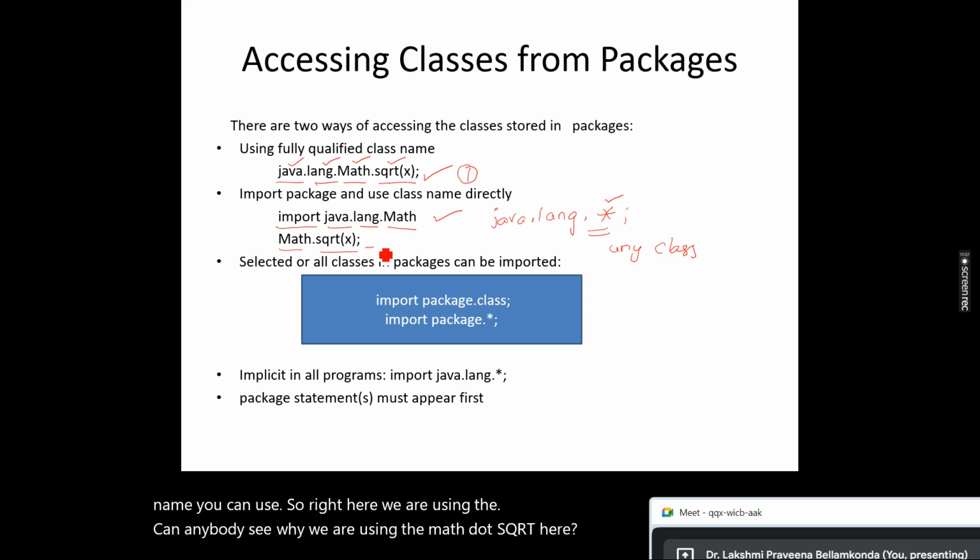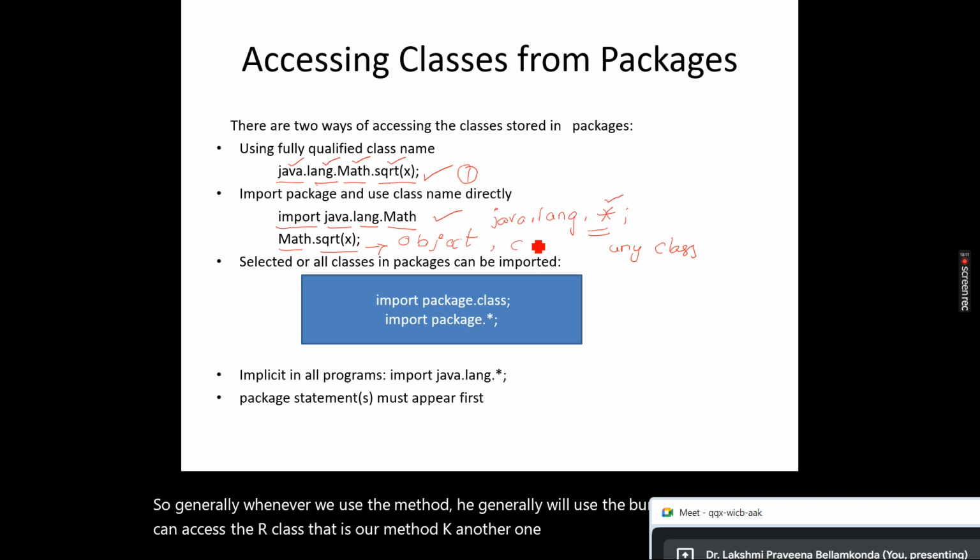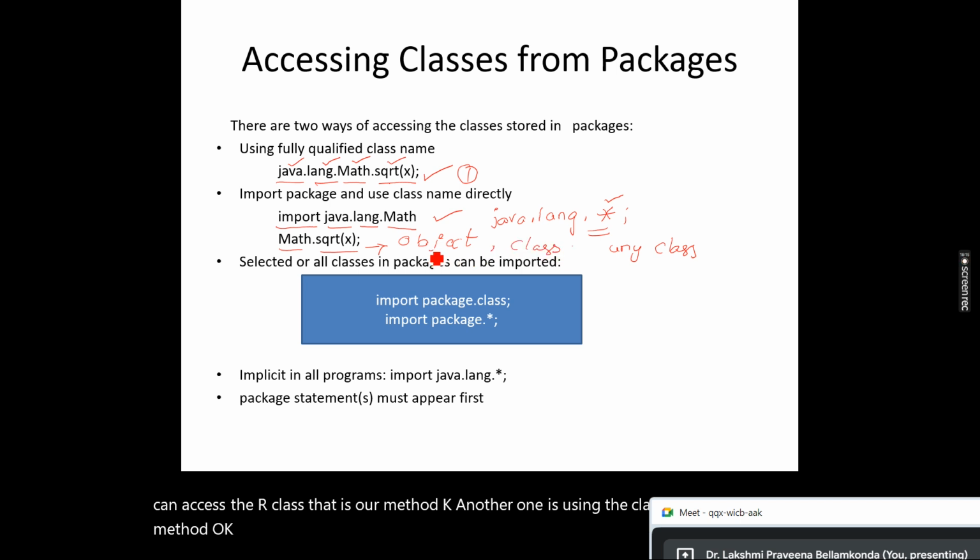Generally, whenever we use a method, one way is to access it with an object of our class. Another way is to call the method using the class. Up to now we have been working with objects.